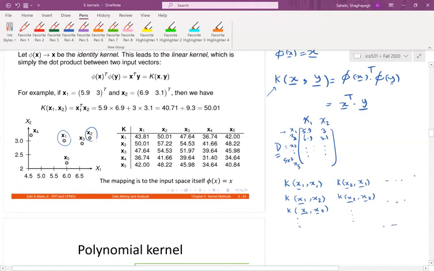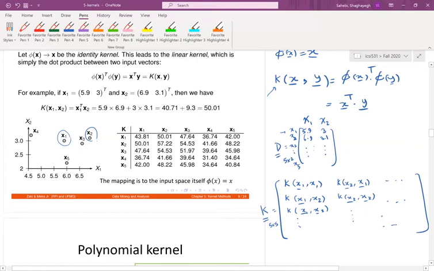So this way, from my 5 by 2 dataset D, I can get to a 5 by 5 kernel matrix that defines the similarities between my data points.